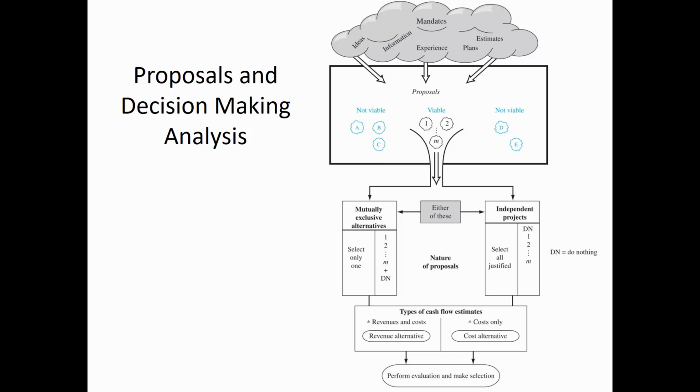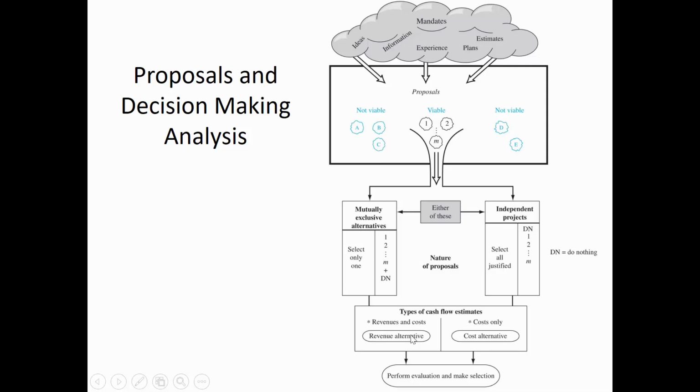So like a public park is an example of that. People don't pay admission money to go to the park. It experiences costs, but there aren't any direct revenues. In contrast to that, when you're in the business of selling products, you'll have both revenues and costs.